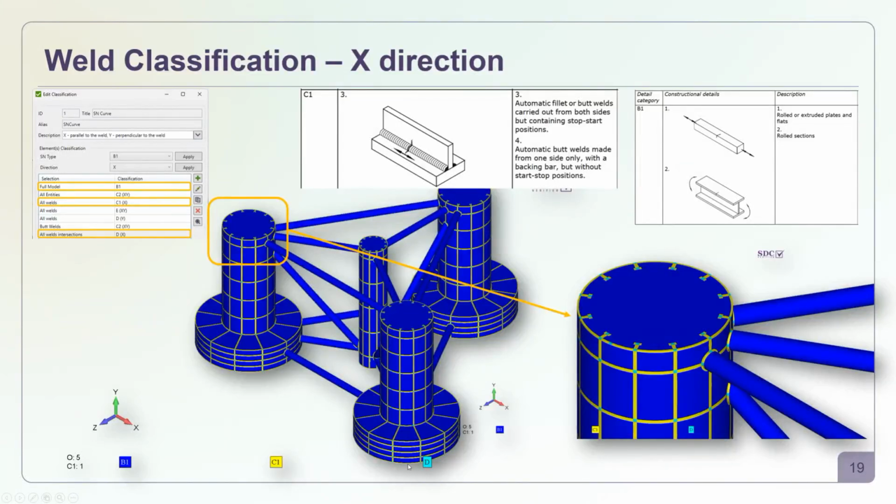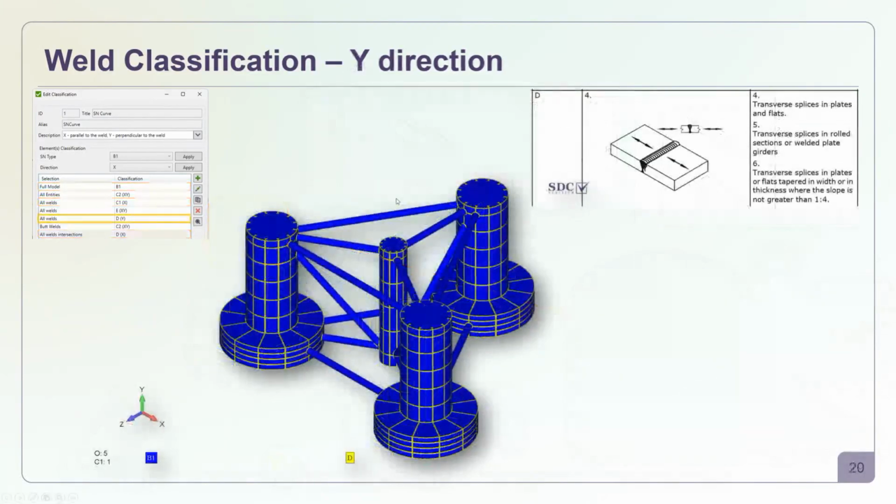And in the case of weld intersections, it is D. And for the rest of the model, so for non-welded parts, it is B1. As you can see in this close-up, all of these intersections are nicely recognized and highlighted with this blue color. All these classifications are taken from the standard.